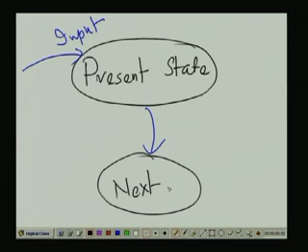For all the cases of this pattern recognizer that we have to design, what will be the output, whether the output will be 0 or 1.